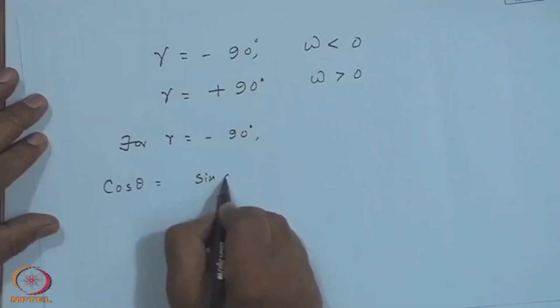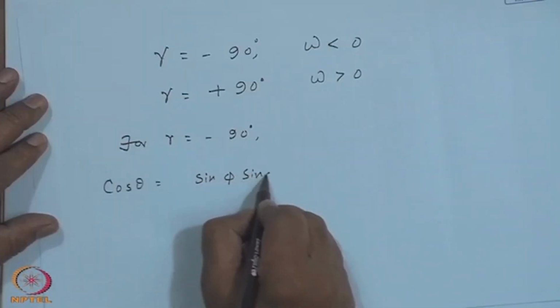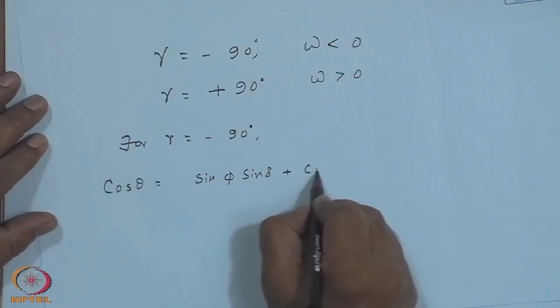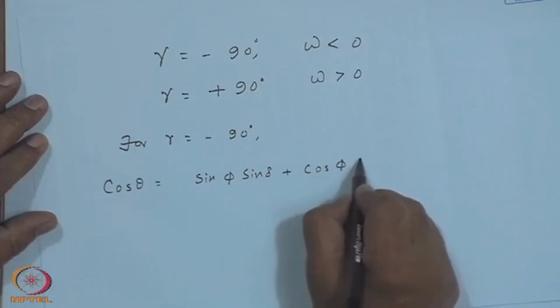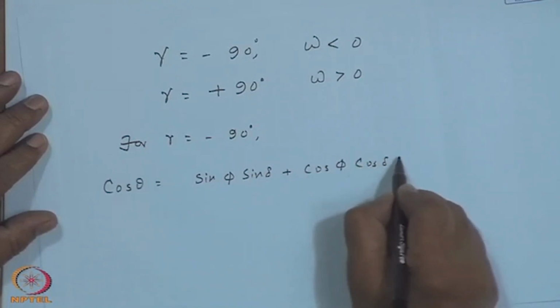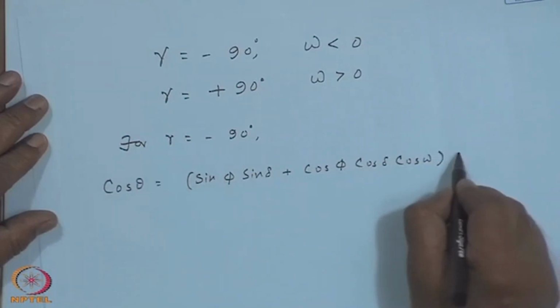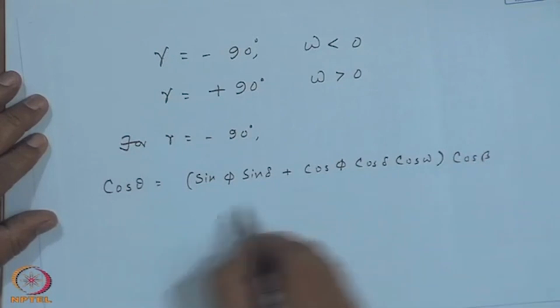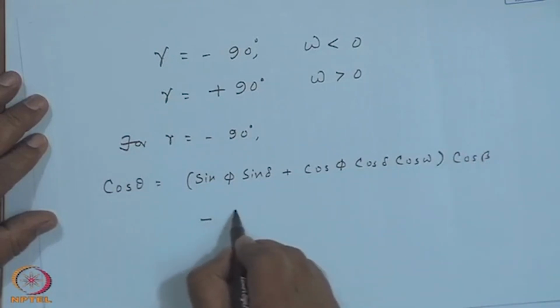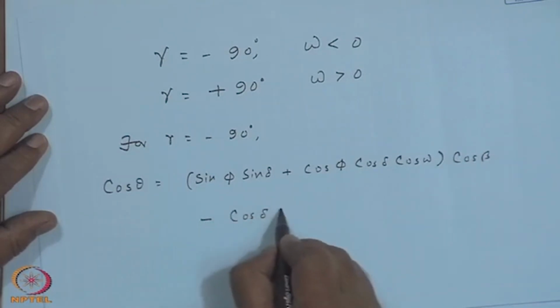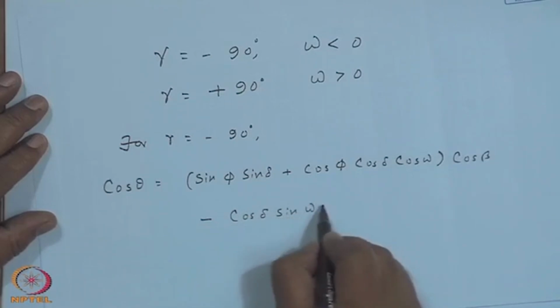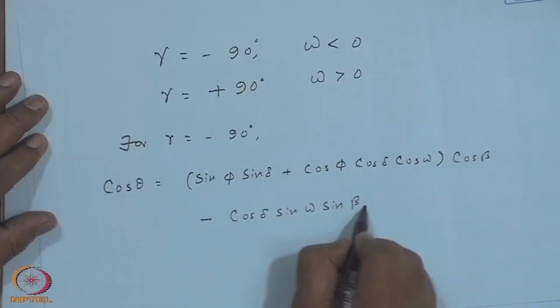You put them in with gamma equal to minus 90, and you will have a simpler expression: cos theta equals (sin phi sin delta plus cos phi cos delta cos omega) times cos beta, minus cos delta sin omega sin beta.